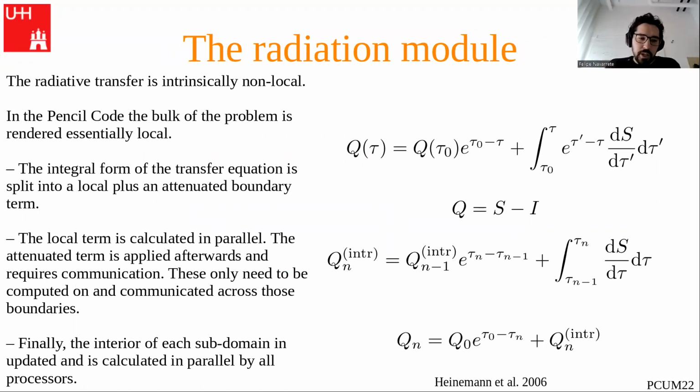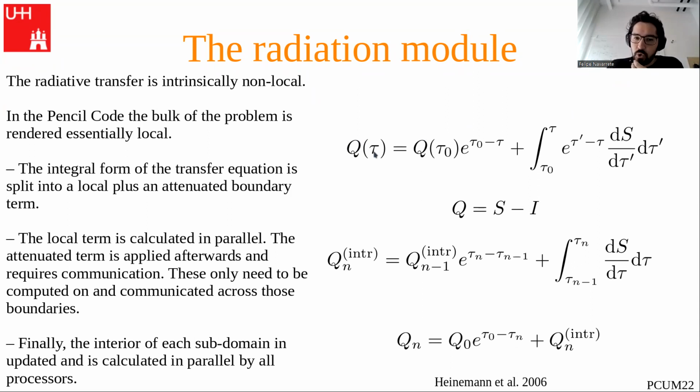Okay, so the way that this is described in this paper is that basically the equation that you work with is the cooling equation, and this is split into two parts. One that is called the intrinsic solution, which is valid within each processor, and then one part that needs communication.